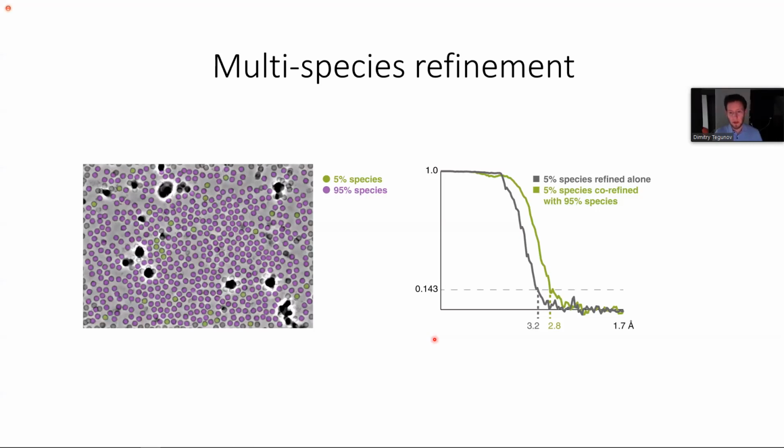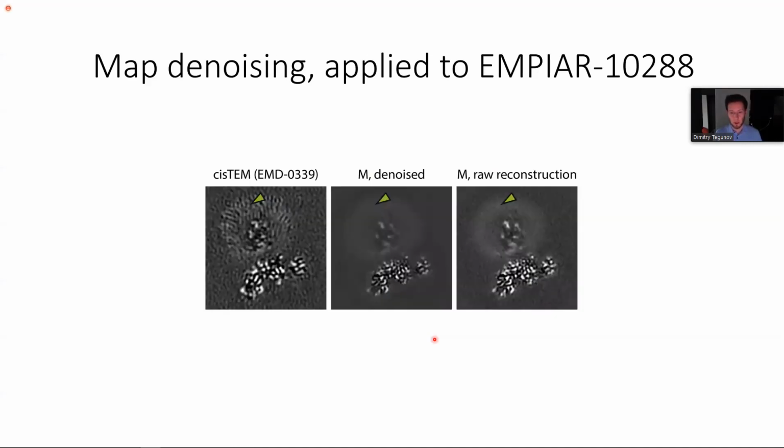Another thing that is increasingly popular now is filtering the maps to local resolution during 3D refinement. We already saw one of the current solutions in SIDESPLITTER a few days ago here. And another approach is the non-uniform refinement in cryoSPARC.